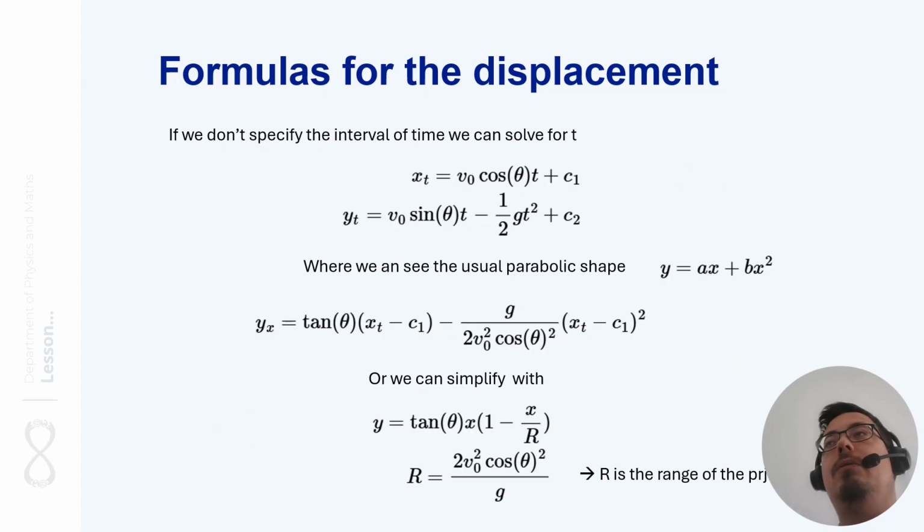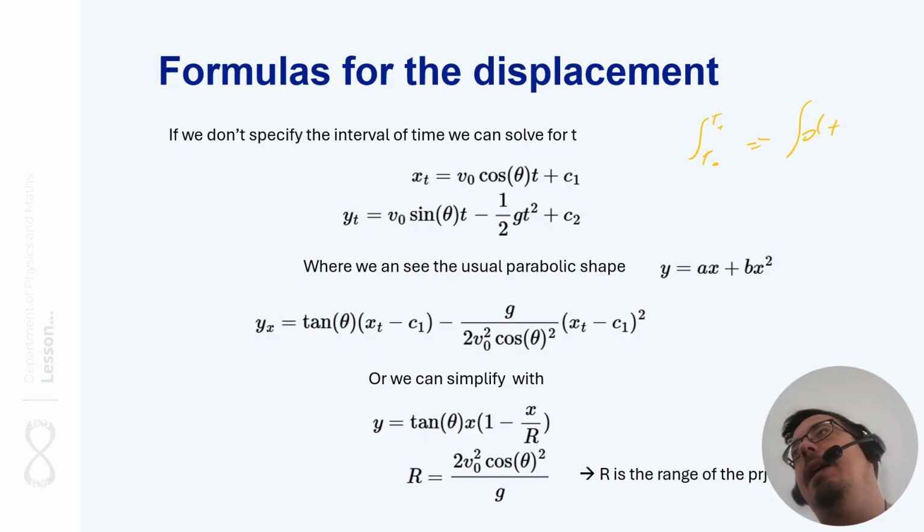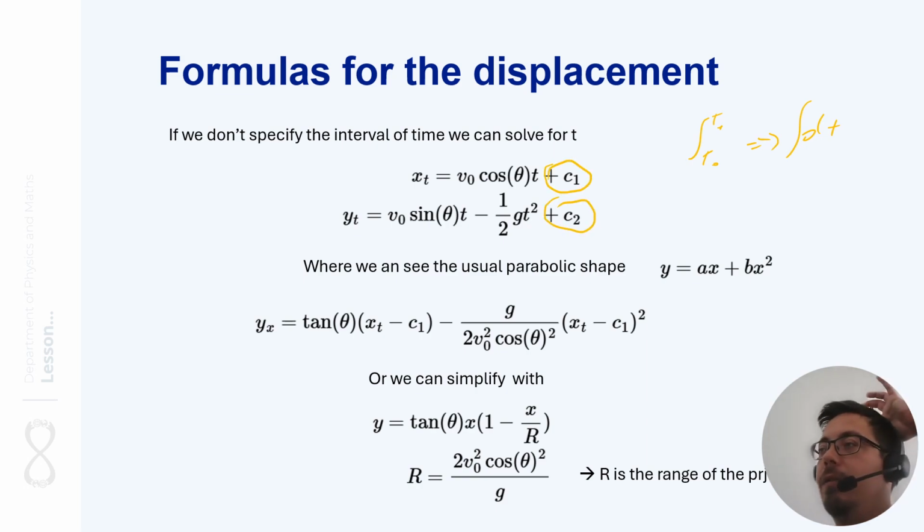After that we decided to generalize a little bit. We don't have a definite integral between t0 and t1. We just integrate over time, and therefore we have two constants of integration that can be adjusted afterwards by the initial condition.